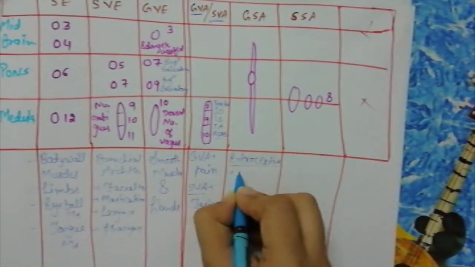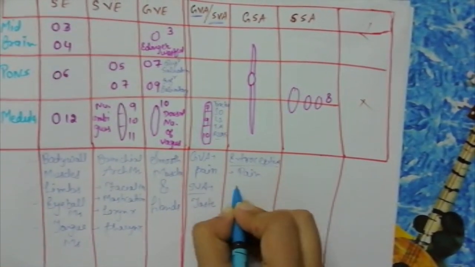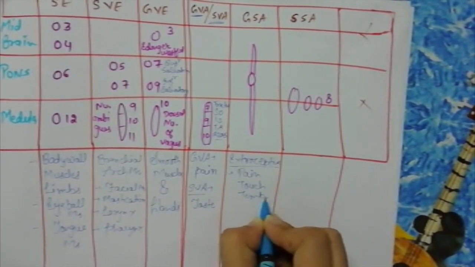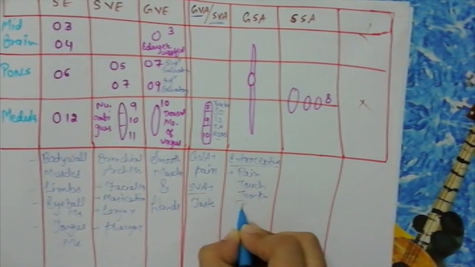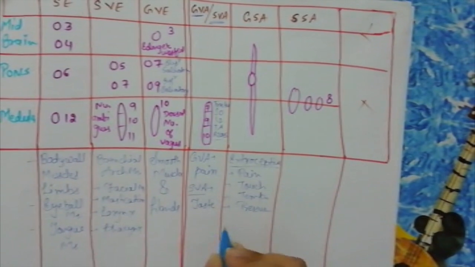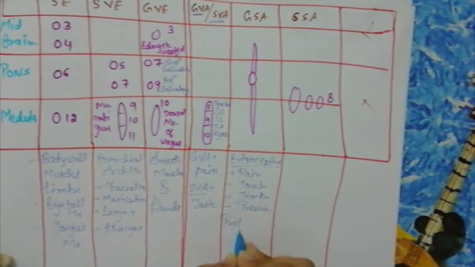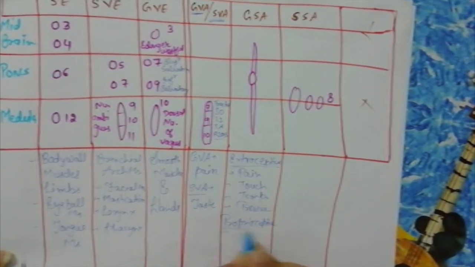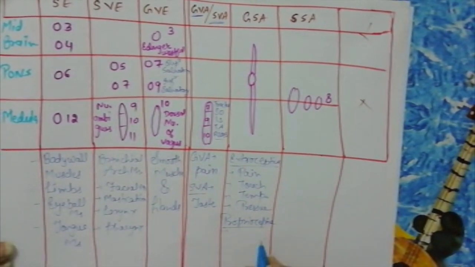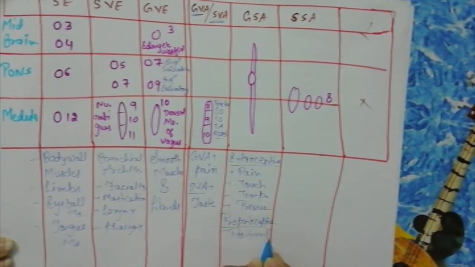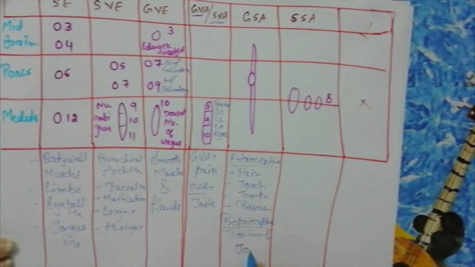So exteroceptive sensations are the pain, touch, temperature and pressure. And the proprioceptive are the sense of position and joints. Fine.